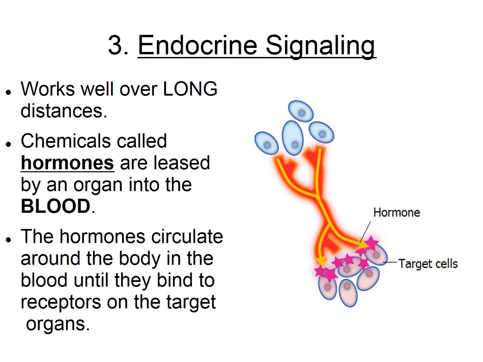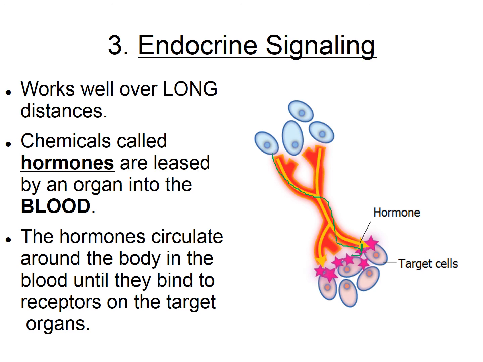So you've got this system of blood vessels that spreads all through your body, connects to almost every organ. And so what these cells will do is they will release chemicals into the blood. That signal will travel through the blood all the way to a target cell. And it will bind with a receptor on a target cell and tell it to do something.